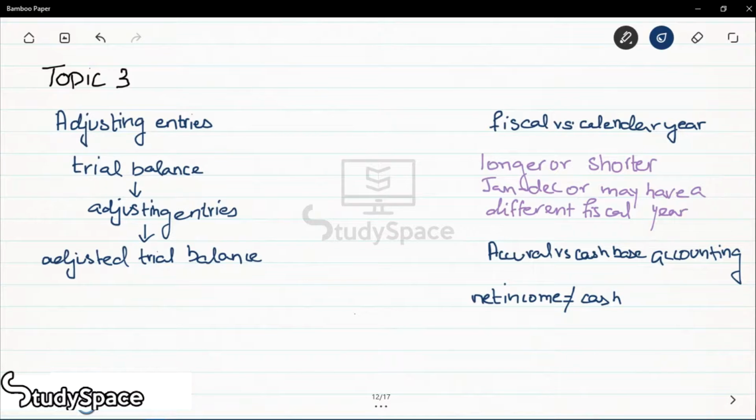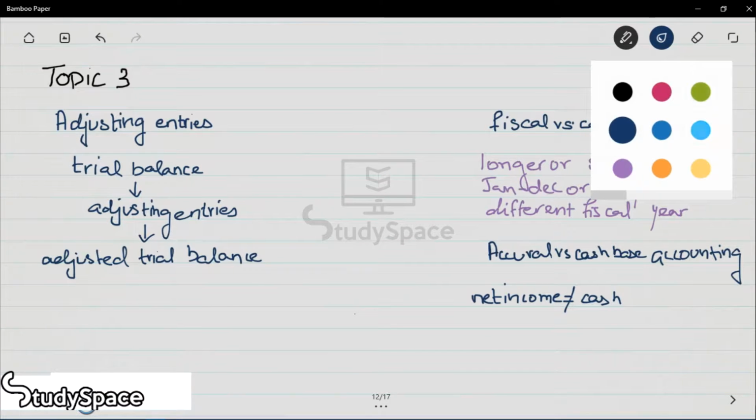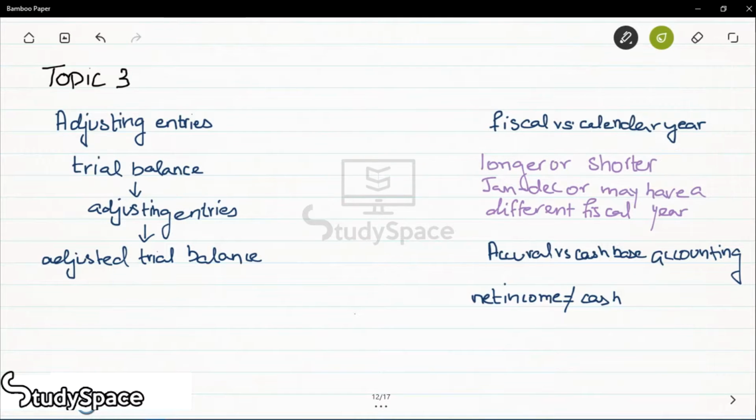Now the other two principles that are extremely important are the revenue recognition and the expense recognition principles. Under these principles, it is believed that any expense or revenue incurred within the year must be accounted for within the year.